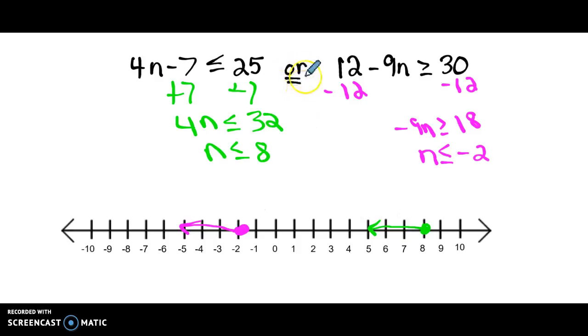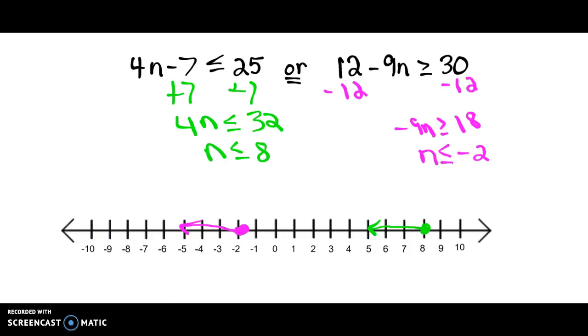Because this is an or statement, now we're going to talk about evaluating both of these statements. Any number that is shaded green, so all of these numbers would be green, or any number shaded purple would be considered a solution to this inequality.